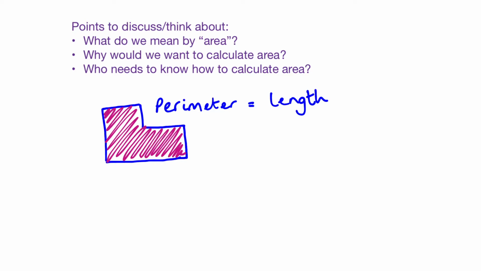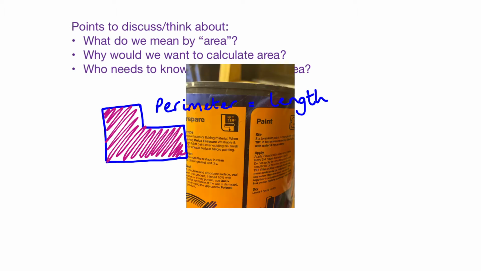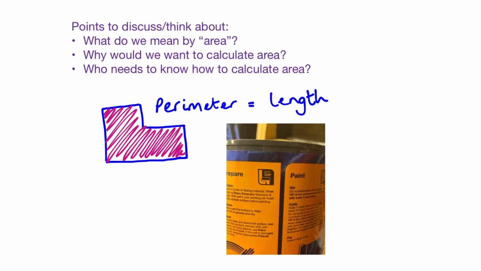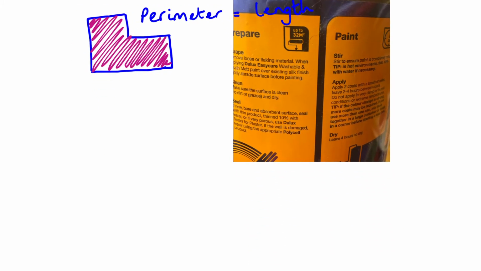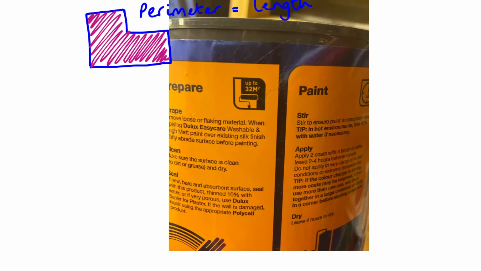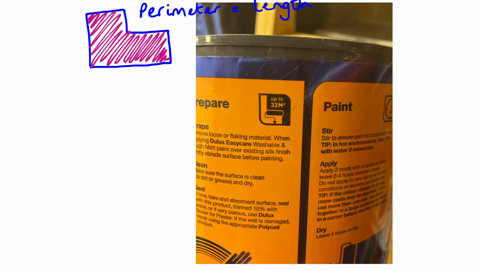Well, I've just been out to the garage and got a tin of paint and taken a photograph of it. So there we go. Here's our picture of our tin of paint. Let me move the picture down. There we go. I wonder if you can see here on the outside of the tin of paint.